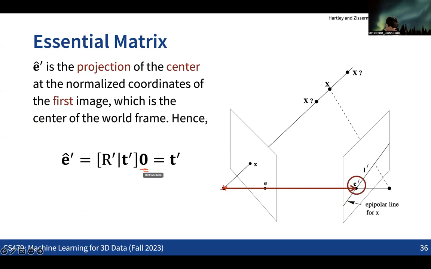So if you transform the camera center of the first view into the second view with the extrinsic parameters of the second view, the normalized coordinates of the epipole in the second image become the same as the translation of the second camera matrix.